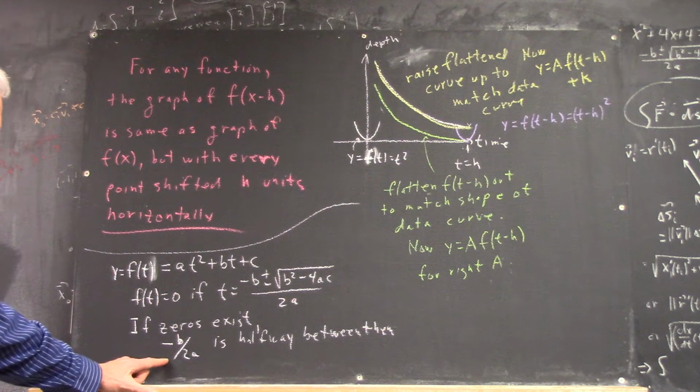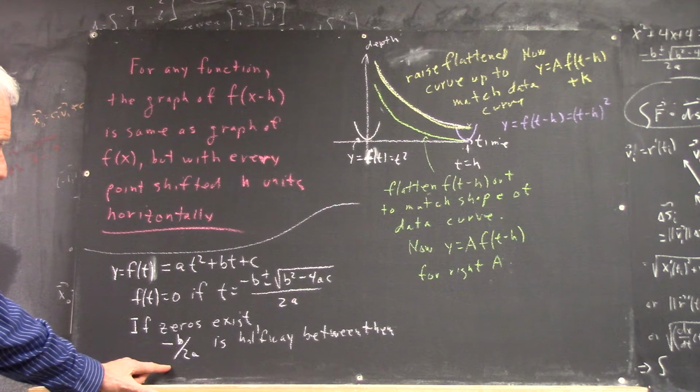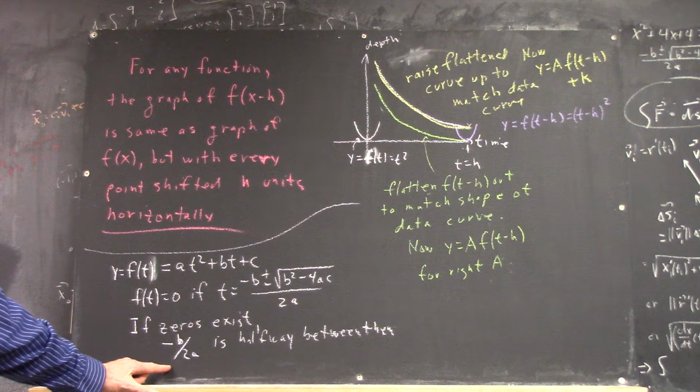If there are zeros, negative b over 2a is going to be halfway between them.